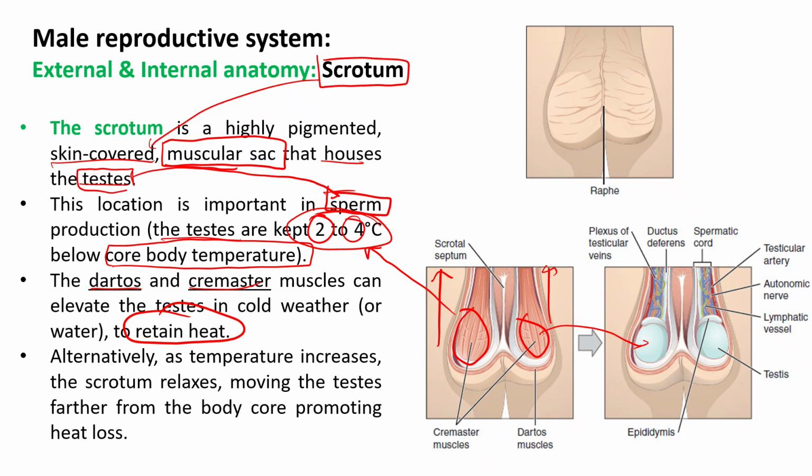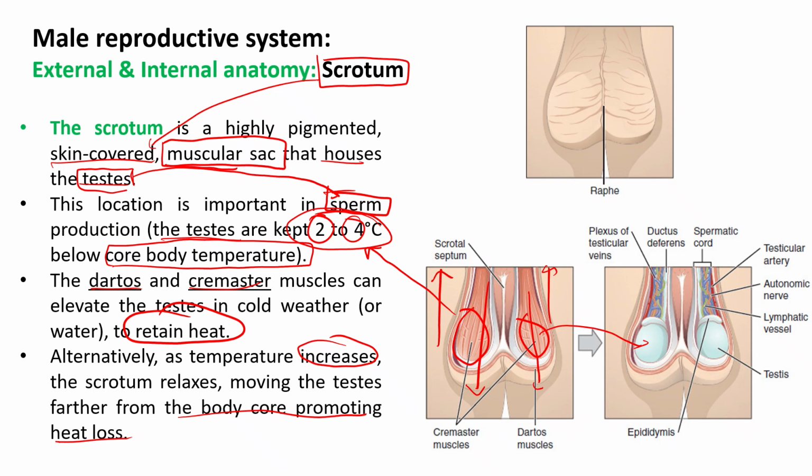Now, the opposite: if the temperature increases or it starts getting too hot, these muscles will relax, allowing the testicles to descend, and the testicles will move away from the body core, promoting heat loss, right?